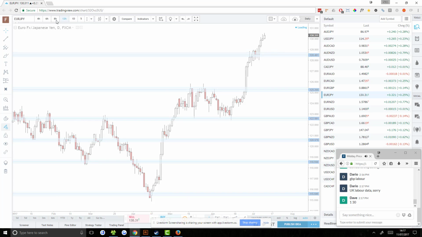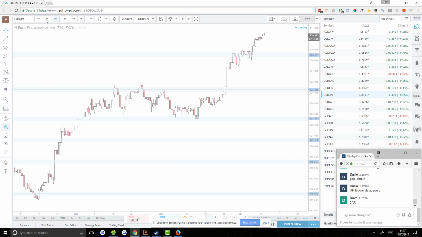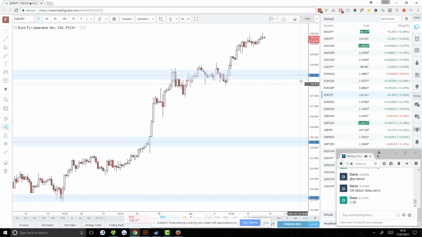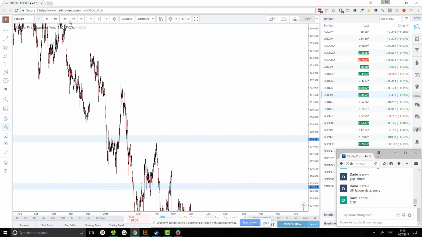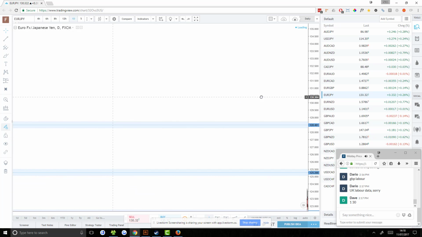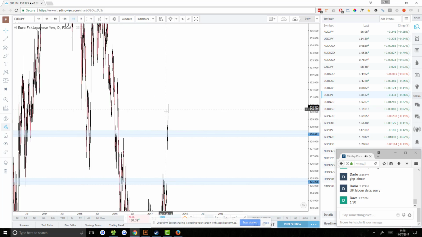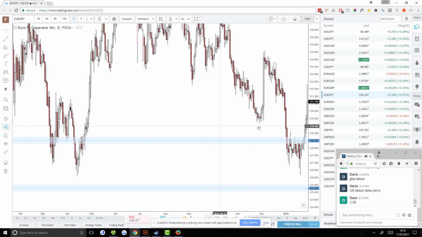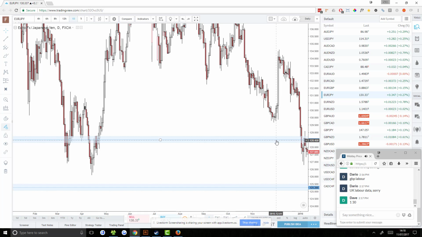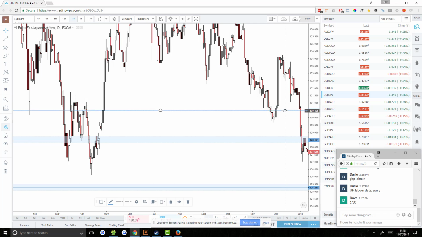EURJPY. Yeah, nothing much. We need some resistance up here though. Tricky resistance area.